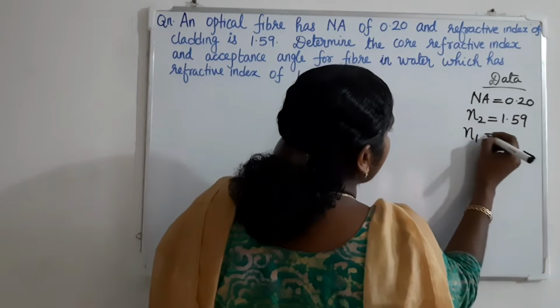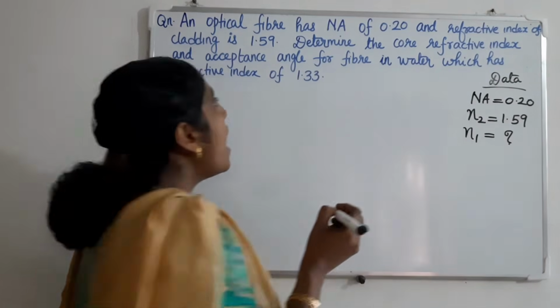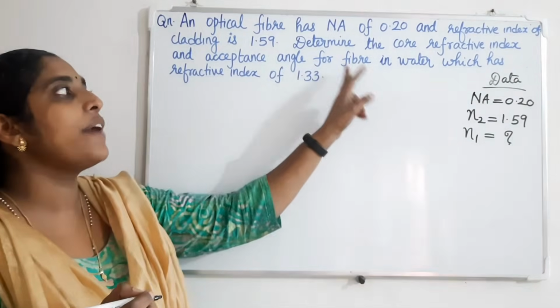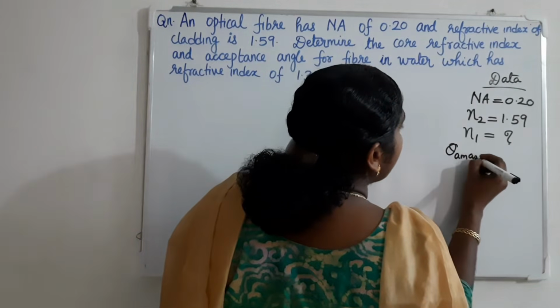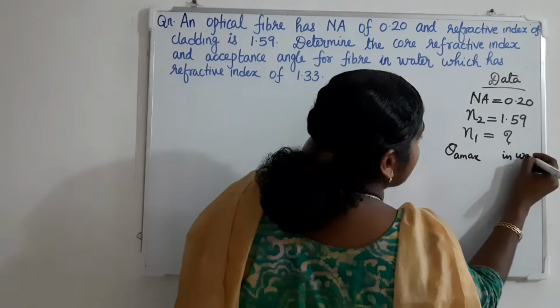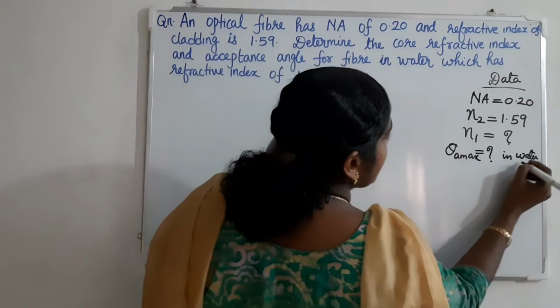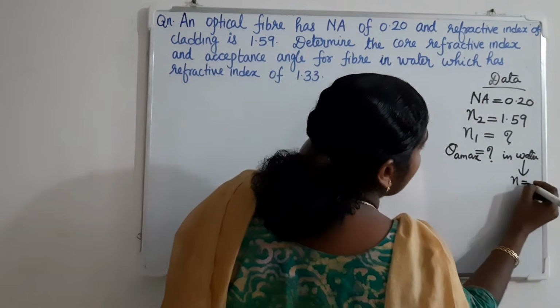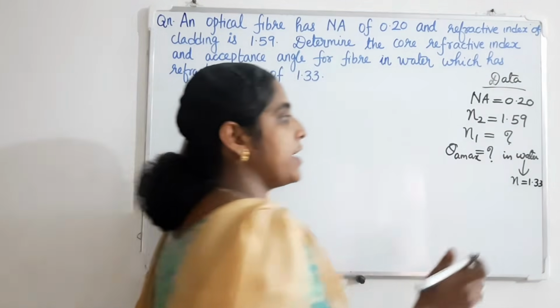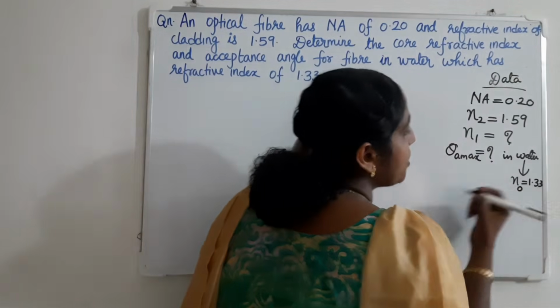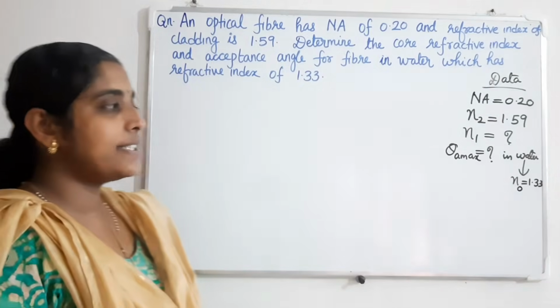We need to determine the core refractive index, that is N1, and the acceptance angle theta A maximum for the fiber in water, which has a refractive index of 1.33. That is, the optical fiber is in an environment of water, so the surrounding refractive index is 1.33.